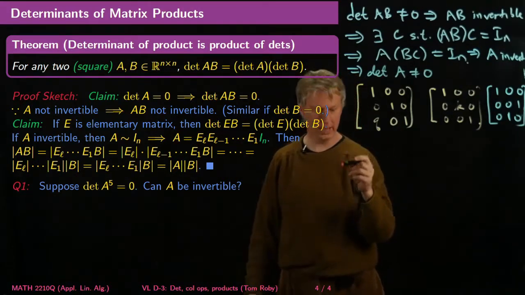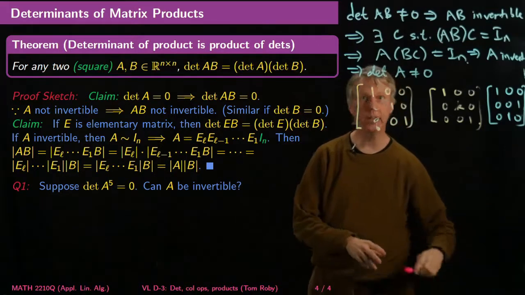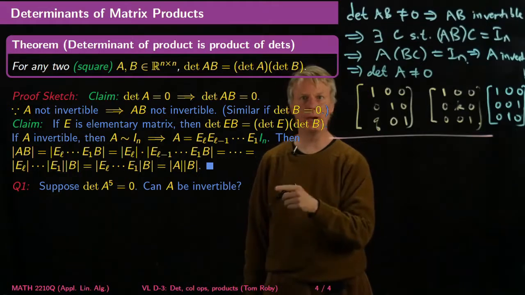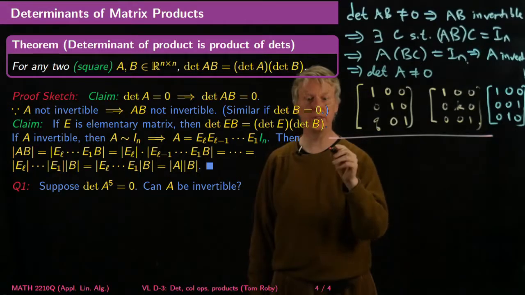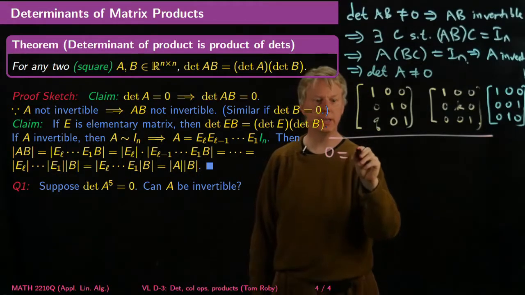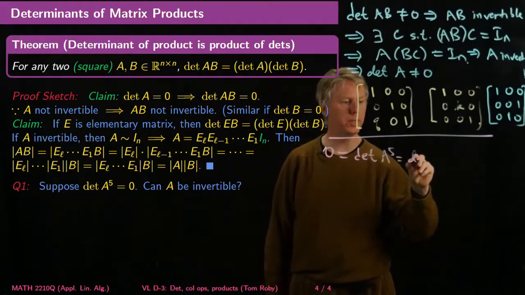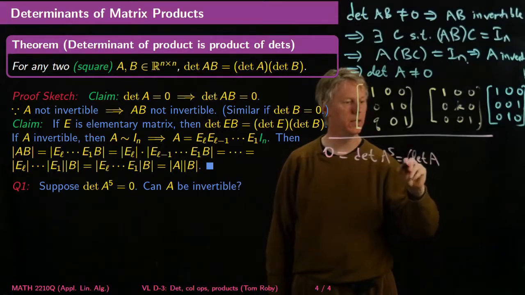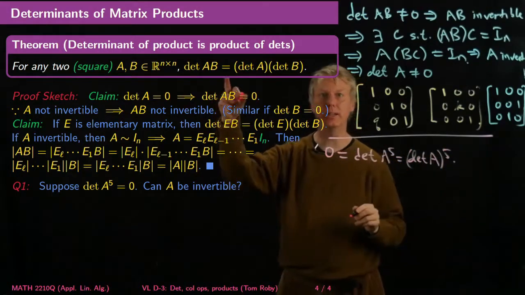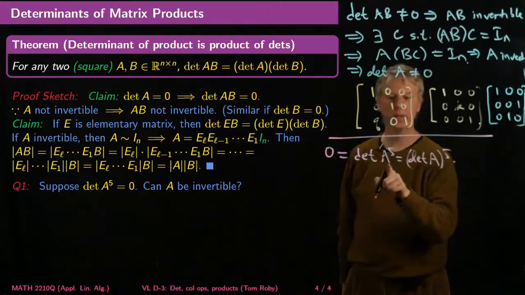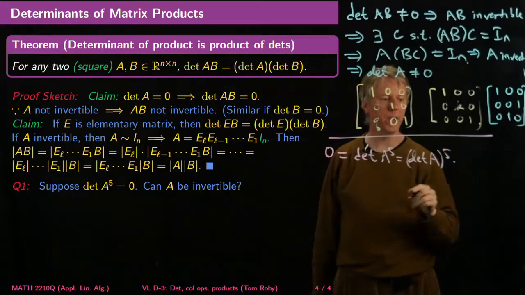And I say to you that no, indeed, it could not. If I know that the determinant of A to the fifth equals 0, then 0 is equal to the determinant of A to the fifth, which is equal to the determinant of A to the fifth power, because I can just use this property 4 or 5 times to get that it's the product of this determinant.